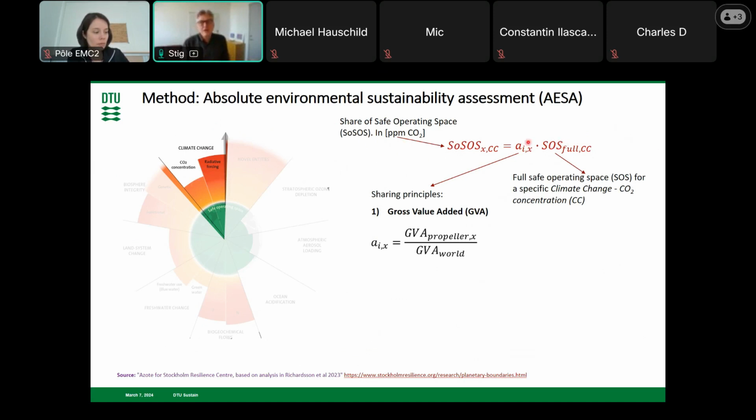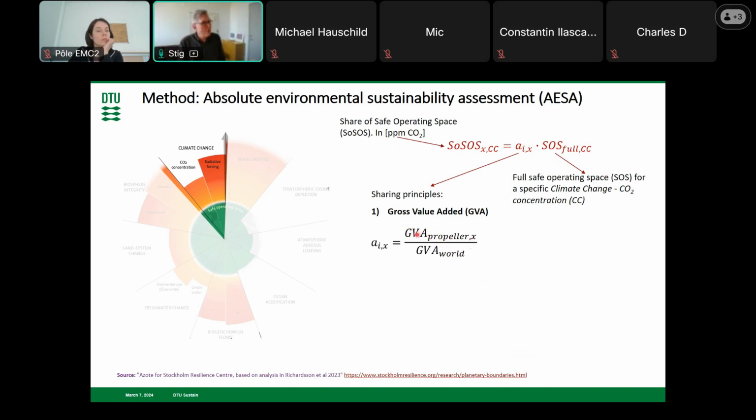We calculate that by the two different principles mentioned. One is the gross value added, where the sharing allocation share would be the gross value added per year of the overall global economy in 2018, and then the gross value added of a propeller in 2018.